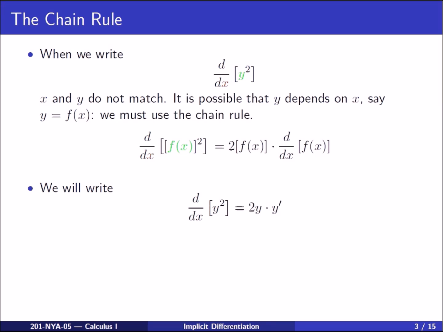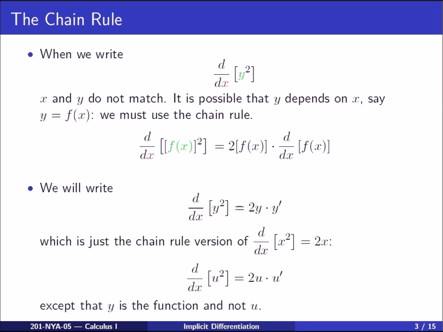Y prime here stands for dy/dx. And that's just the chain rule version, if you think about it, of the derivative with respect to x of x squared equals 2x. In previous videos, we've used u to write the chain rule version, but in that case, if you replace u by y, you get the equation we just had before.